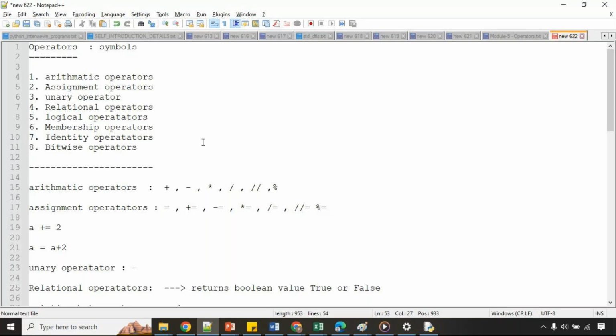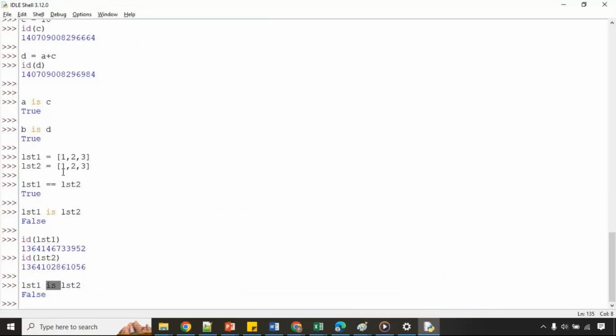The address differs, but the elements are the same. The data type is also the same, both are lists only. The memory address is different. That's why it is going to return False.